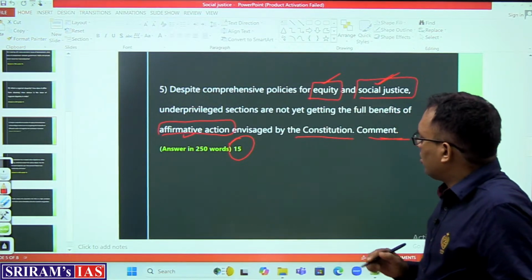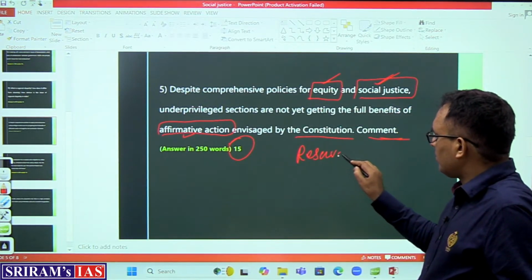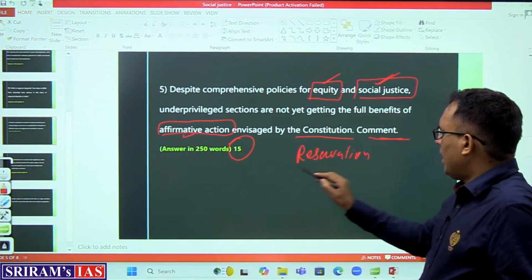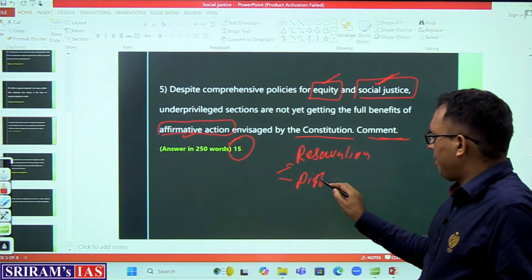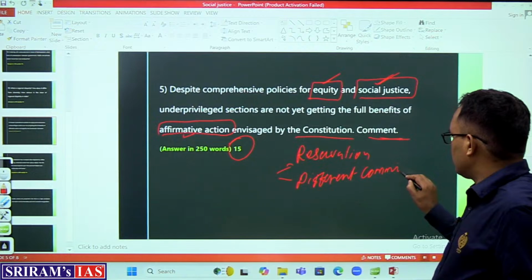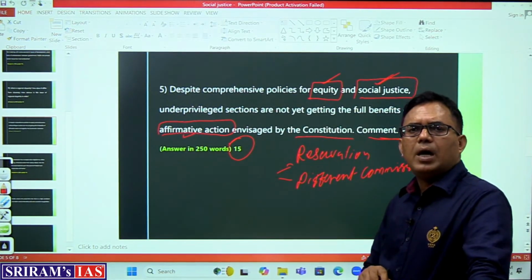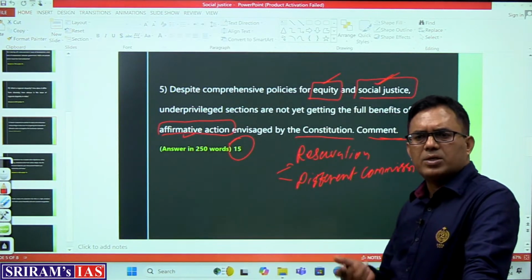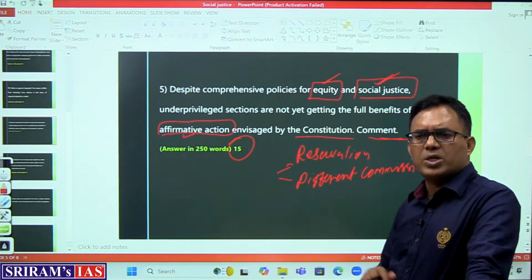Like when we talk about, one is the reservation, and second, we say the different commissions. In our constitution itself, articles 15 and 16 talk about taking action for such sections of society.